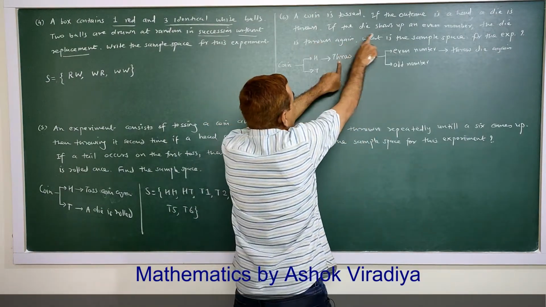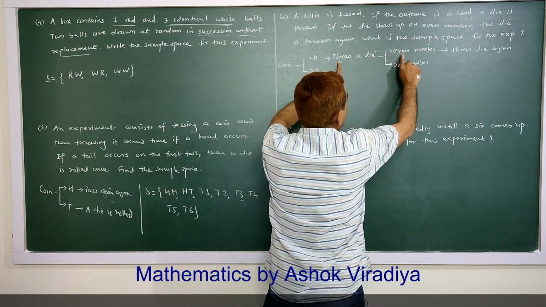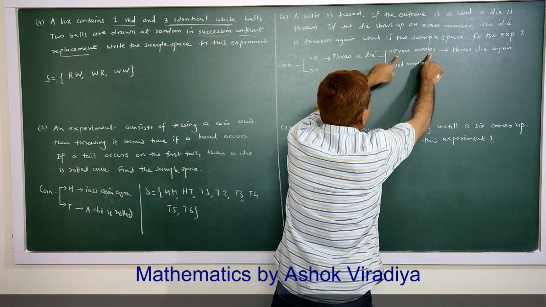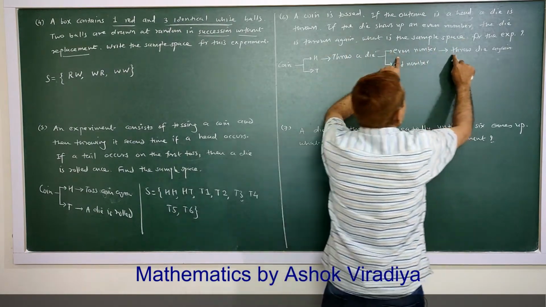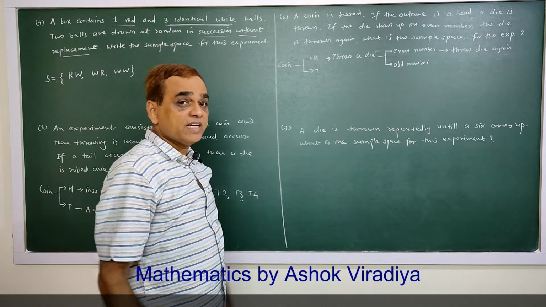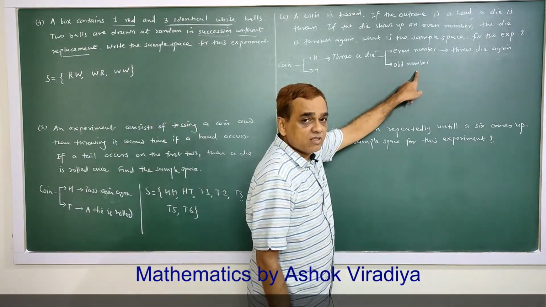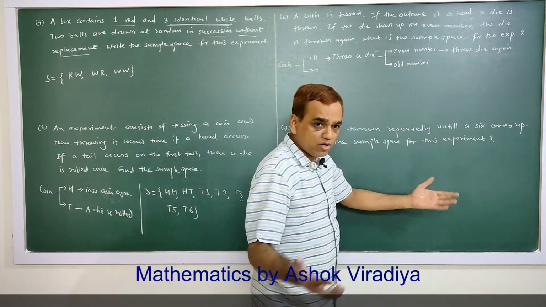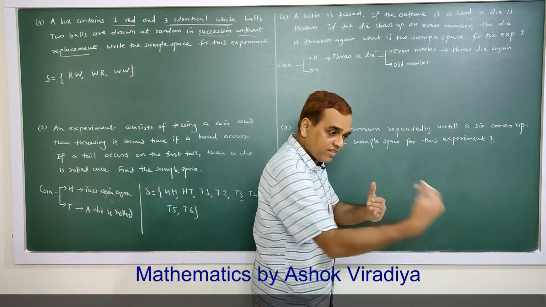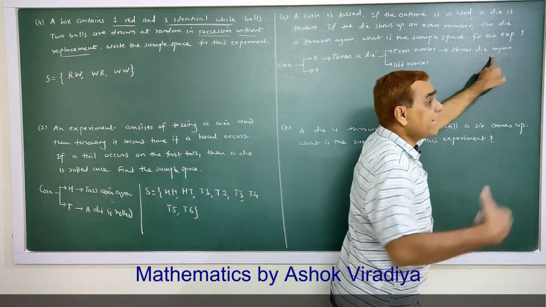Now when a die is thrown, if an even number appears, then the die is thrown again. It means if an odd number appears, don't do anything, because we are asked to do further only for even. If an even number appears, then throw the die again.